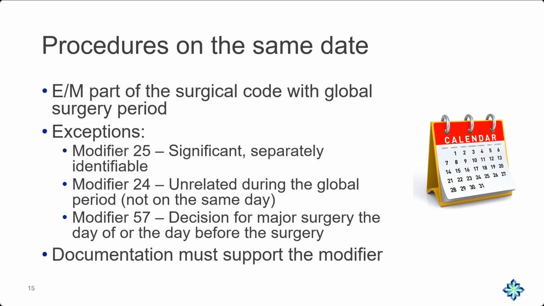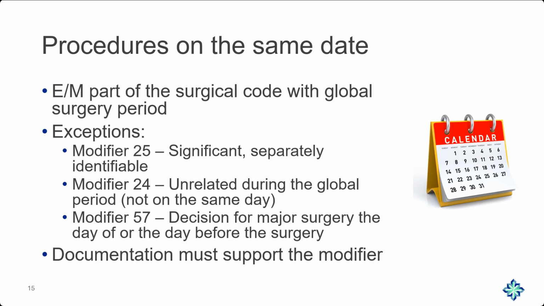It's not bundled with anything, and it doesn't have a global surgery period. So in that case, both of them could be billed without a modifier 25, but we do see where those codes do come in with a modifier 25. So make sure that you're looking at that relative value file or the physician fee schedule just to see whether or not modifier 25 is appropriate for the codes you're billing or your scenario.